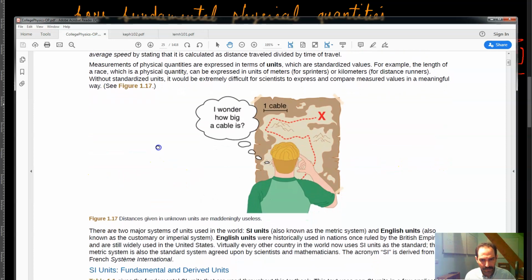So for example, over here, this person is reading a map, and the map has provided him with a scale that says that this distance on the map is 1 cable. And so you need to put this scale across the path and see how many such distances you can find across the line connecting the 2 points.